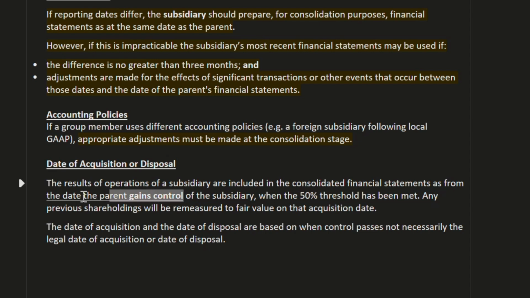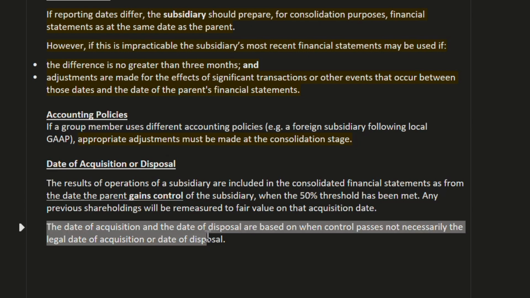So everything will be measured from that date, when the 50% threshold has been met. Any previous shareholding will be remeasured to fair value at the acquisition date, meaning the date we gain control.